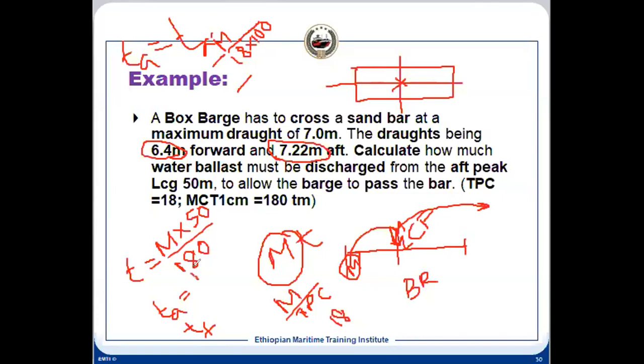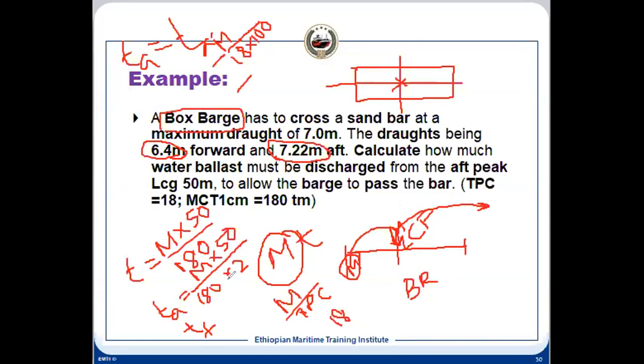So TA will be M multiplied by 50, divided by 180, multiplied by 2, because midship and the LCF are the same, as this is a box barge.